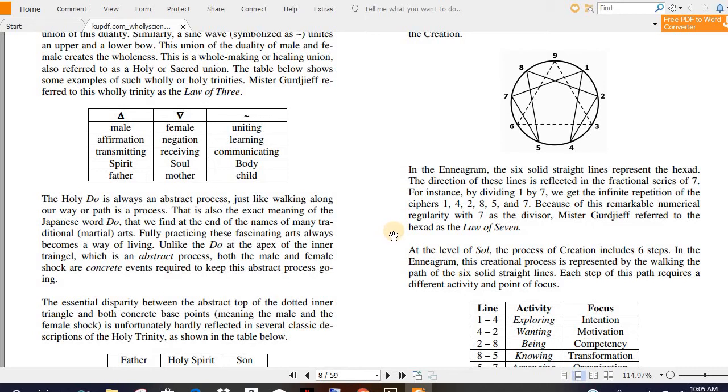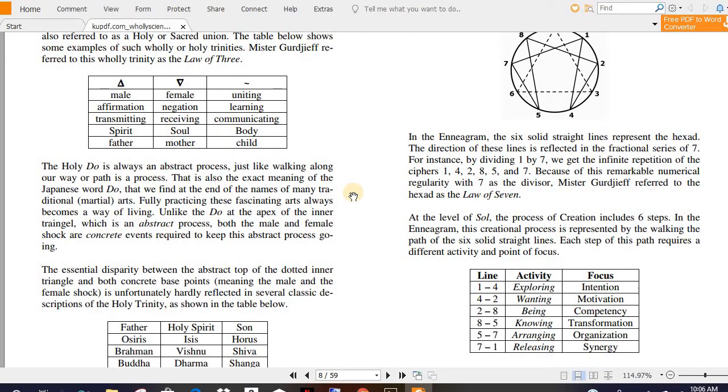Because of this remarkable numerical regularity with 7 as the divisor, Mr. Gurdjieff referred to the hexad as the law of 7. Okay? So dividing 1 by 7, you get the infinite repetition of the ciphers.